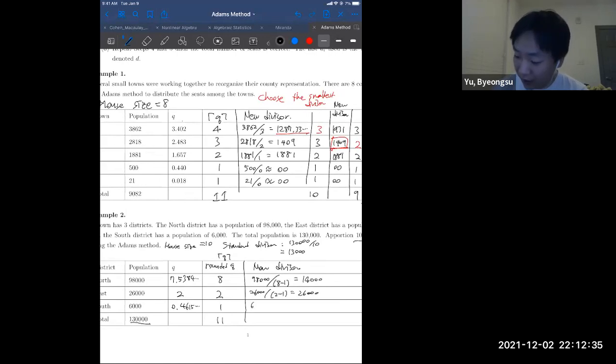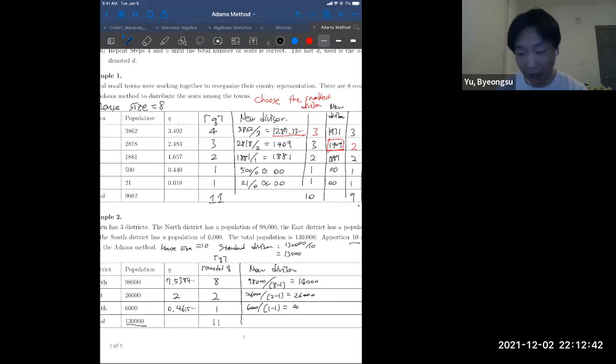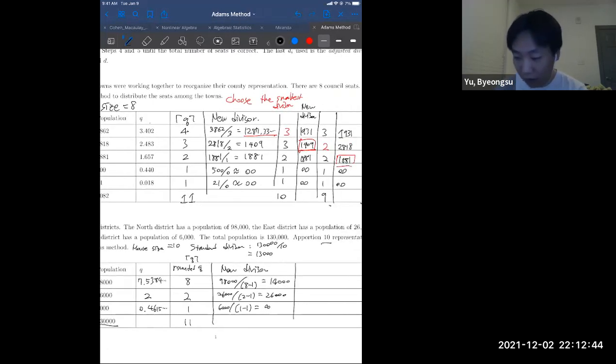And if you divide 6,000 by 1 minus 1, then it is divided by 0, so it is just infinity, right? Among all, the smallest one occurs at north. So we need to get rid of a seat from north. So north will get 7 seats, east will get 2 seats, and south will get 1 seat, and done. So the final apportionment is 7, 2, 1.